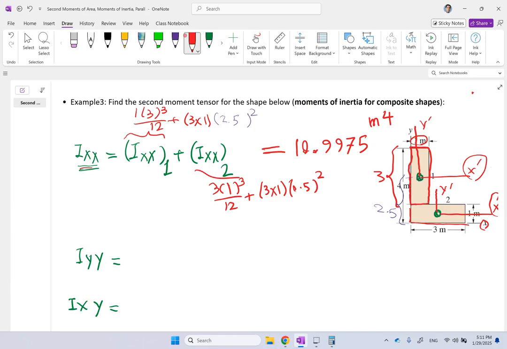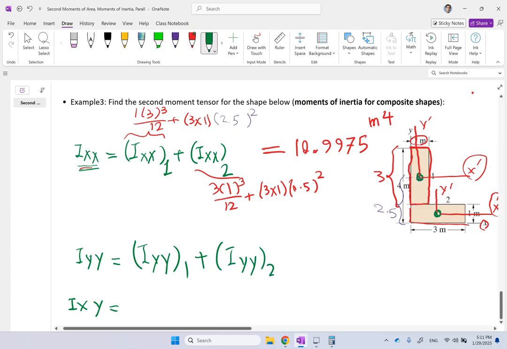Similarly, when we go for y, again, we are going to write it as IYY of shape 1 plus IYY of shape 2. Now for shape 1, which is this vertical one, for the y prime axis, for the one passing through the centroid, we have the formula.